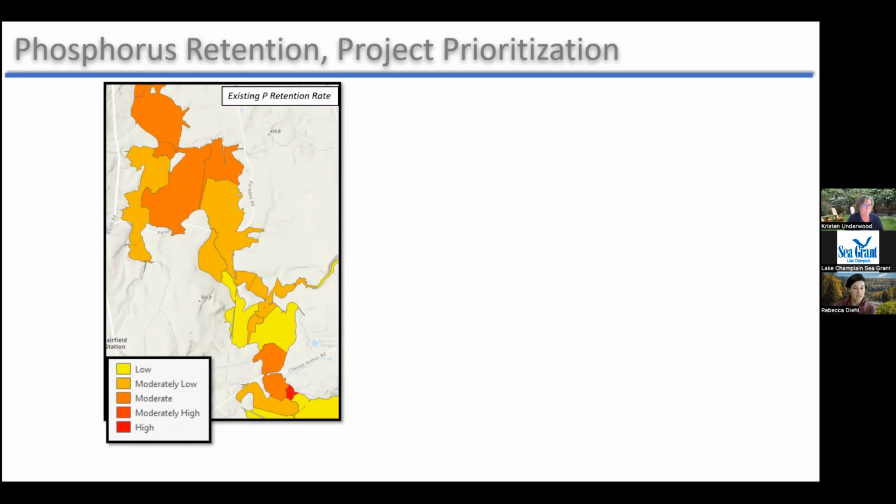Such as shown in this example that we developed for the Black Creek, where we identified phosphorus deposition rates for what we call FFI units, or small segments of floodplains. Based on their setting and their hydrologic connectivity, we've ranked it from low to high. And this is for existing conditions.